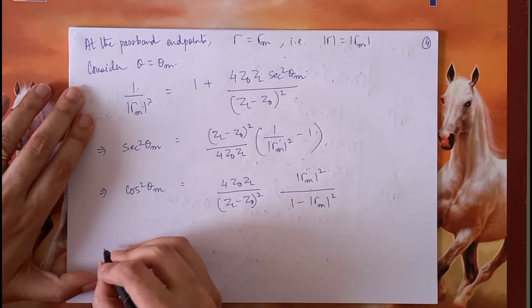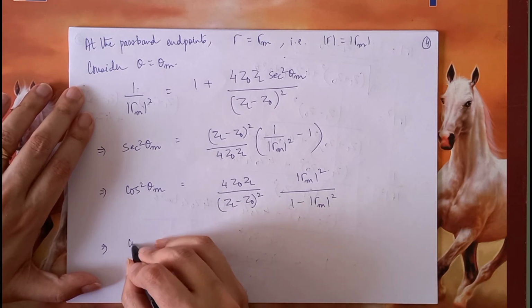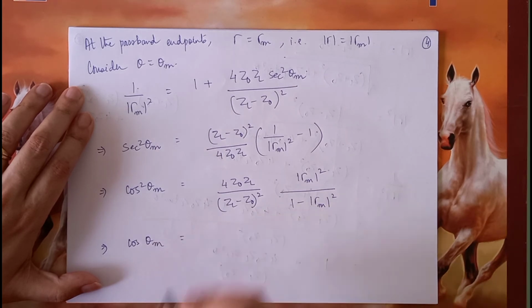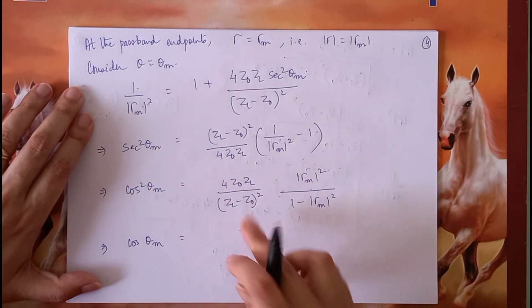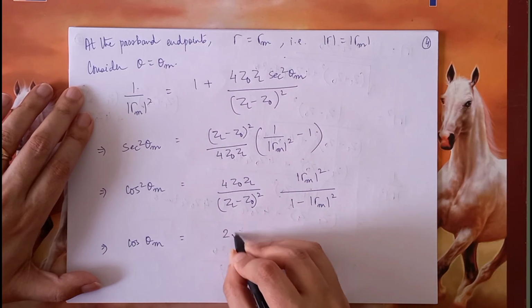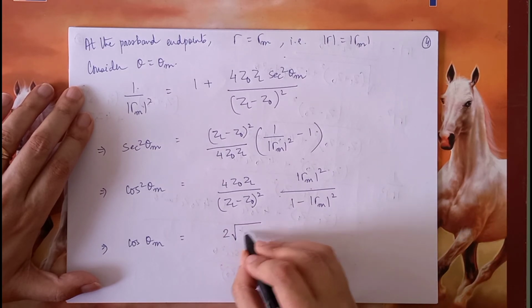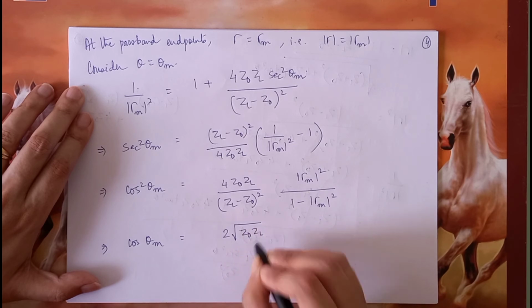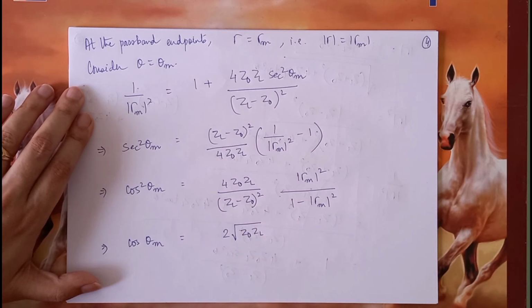So let us take the root. That means cos theta m. Now this upper term is a positive term, so therefore the root will be 2 root z0 zl. We are going for the positive root because the cos term has to be such that its value should be positive, because theta m is below pi by 2.